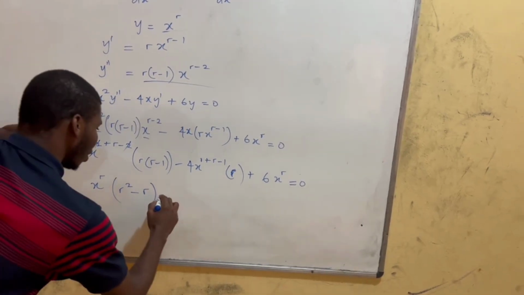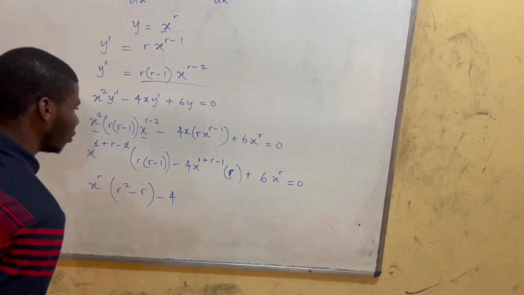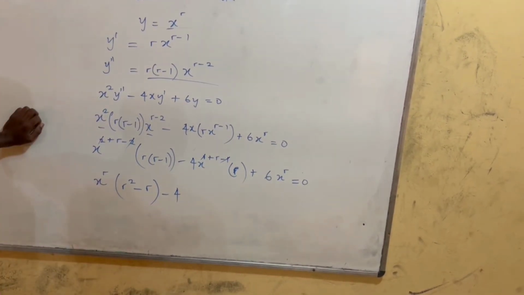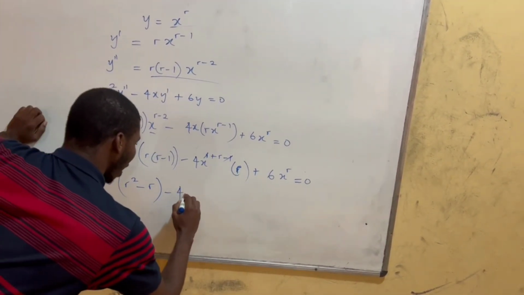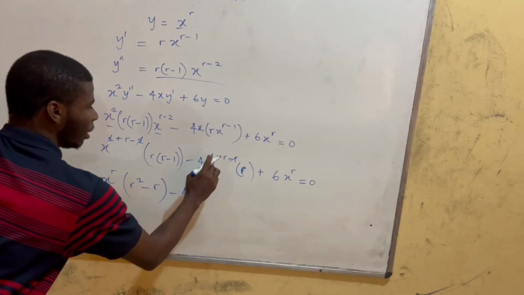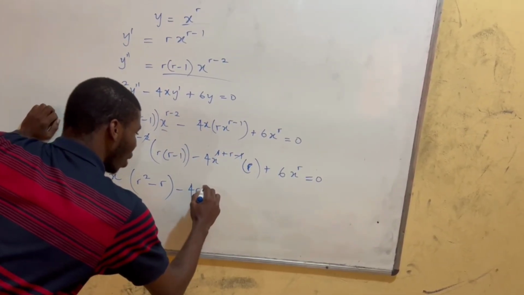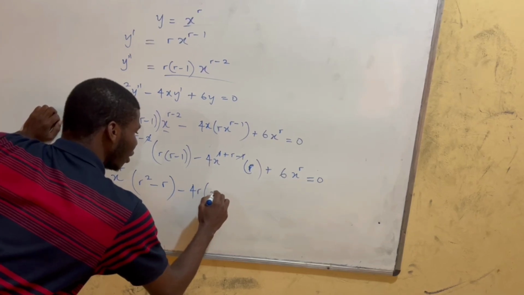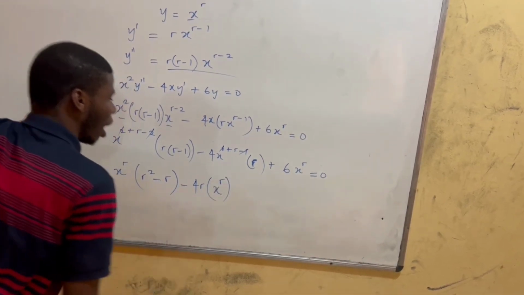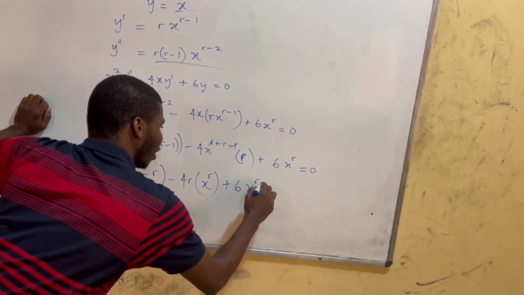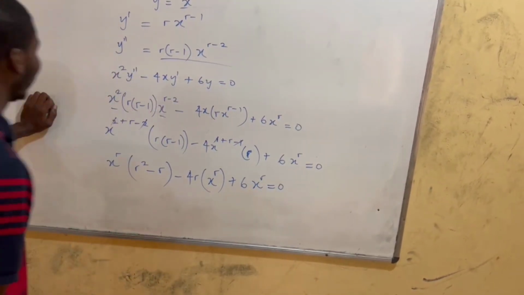Then we have minus 4x, this cancels out, we have 4r multiplied by x to the power of r, plus 6 x to the power of r equals 0.